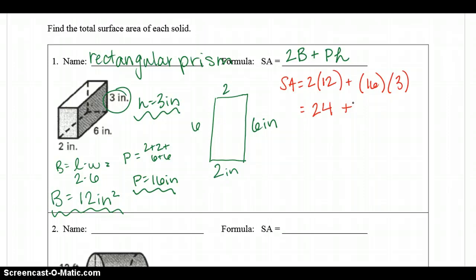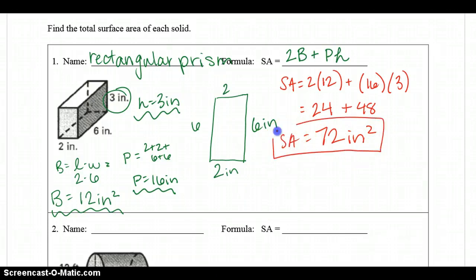When we add those together, we get a total of 72 inches squared. Great. Questions on number 1? Straightforward enough. Let's look at number 2.